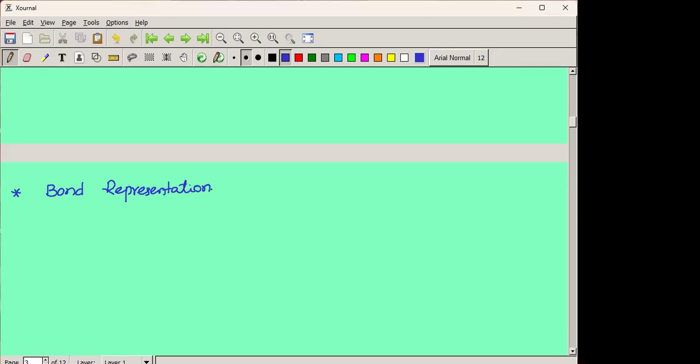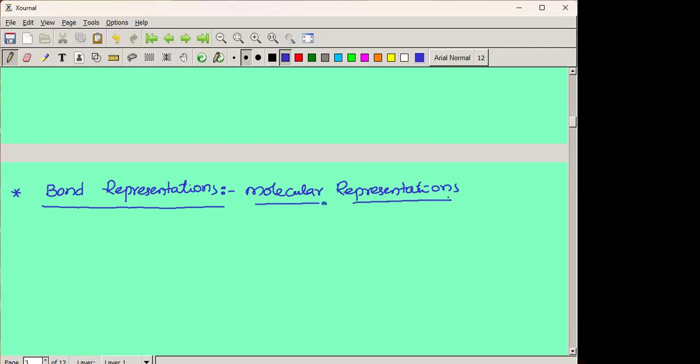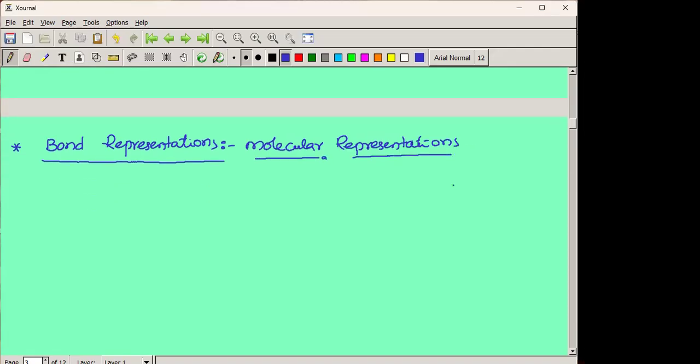Bond representations or molecular representations are very, very important, that is, how we convert one form to another form. I include the stereochemical approach in the types of organic reactions, so that's why I'm going to discuss this topic here.